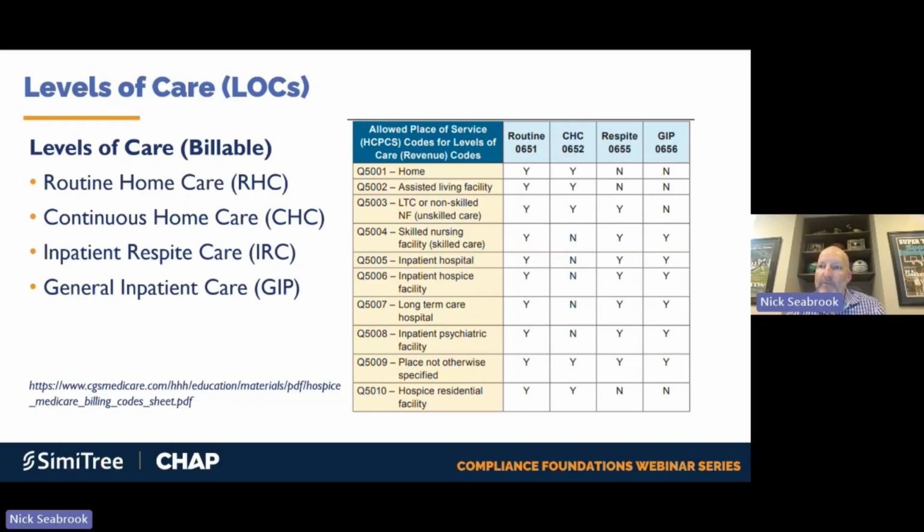But you can see that's the only one that really has that qualifier that you're allowed to have all those levels of care. So even, for example, some of the routine care can be provided at any of those different settings, but you can see there are restrictions for any other setting besides home, or any other level of care, I should say, for continuous and GIP.